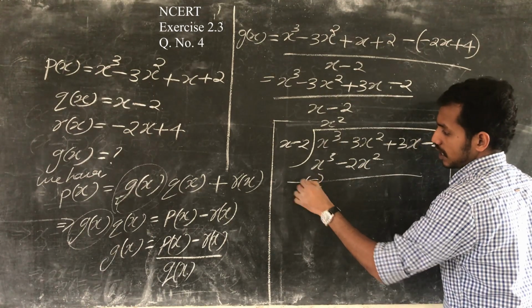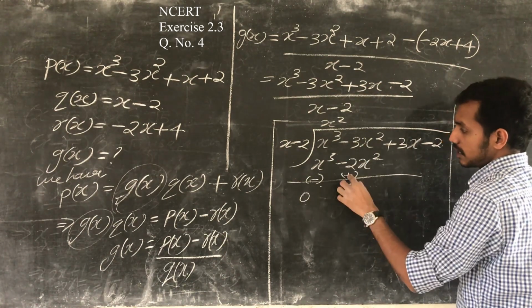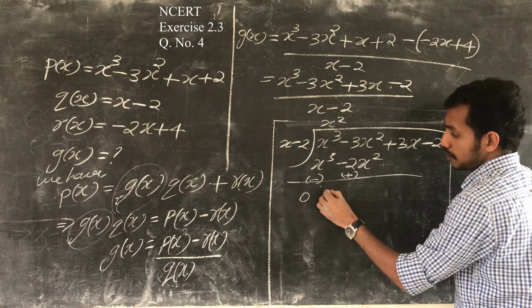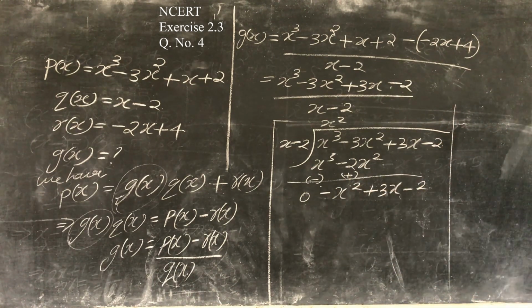Subtract it, change the sign, plus. Minus will be plus. 0, minus 3x square plus 2x square will be minus x square plus 3x minus 2.